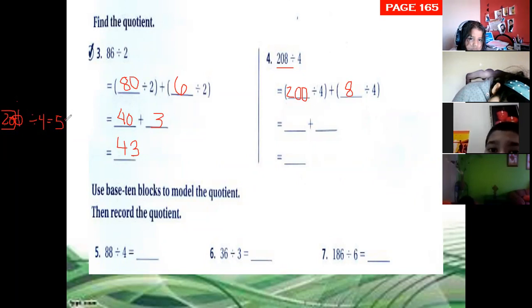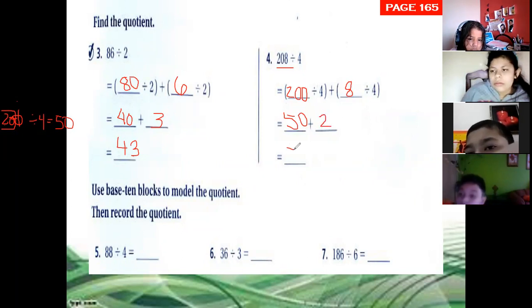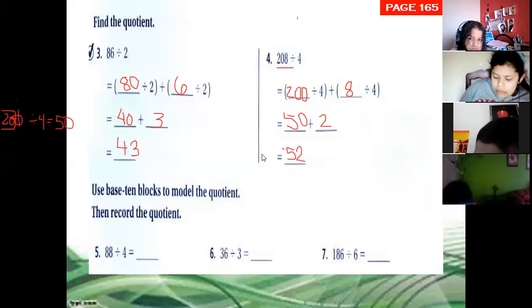And I add this 0 here. 50. And 8 divided by 4 is 2. 50 plus 2? 52. Exactly.